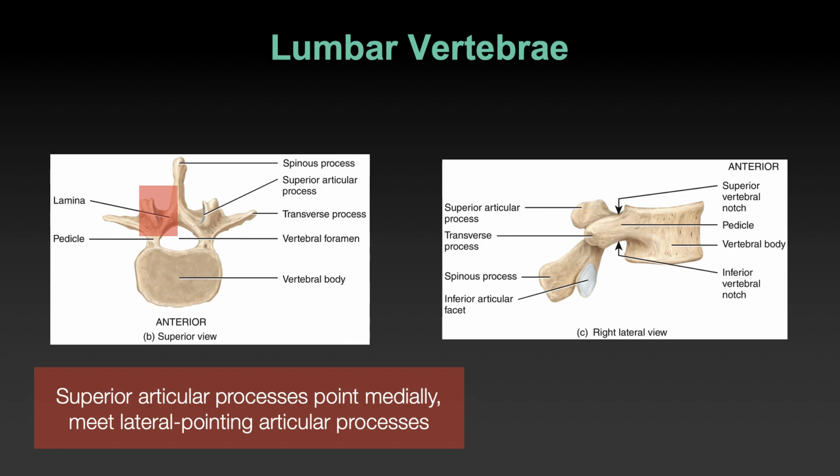And you can imagine if I took this and turned it horizontal, these are the superior facets of one lumbar vertebra. They would articulate with the inferior facets of the lumbar vertebra just above it. These are pointed inwards towards the midline, so it helps to prevent them from sliding left and right.